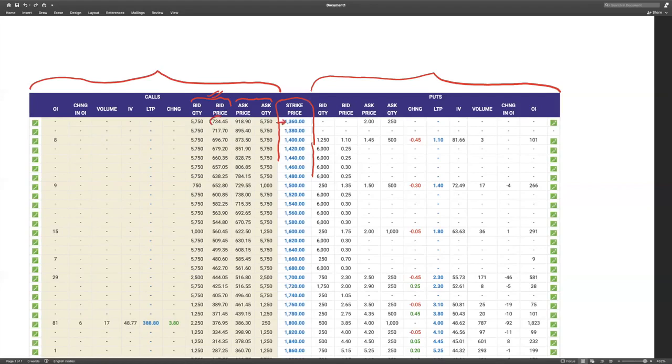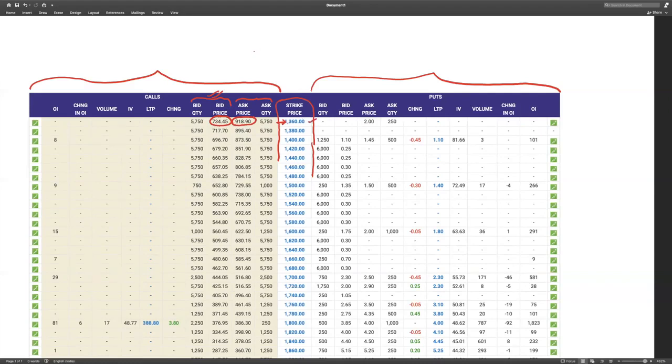This is the premium that buyers are quoting that they want to buy, and this is the premium that the sellers are quoting that they can sell. So whenever the buyer and seller prices match, the trade happens for this strike price.